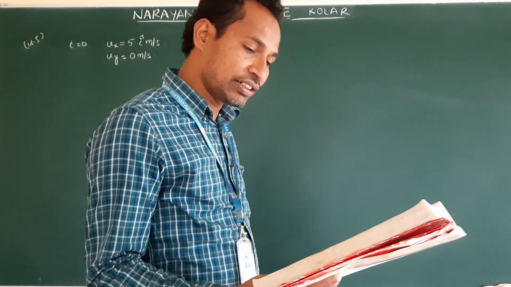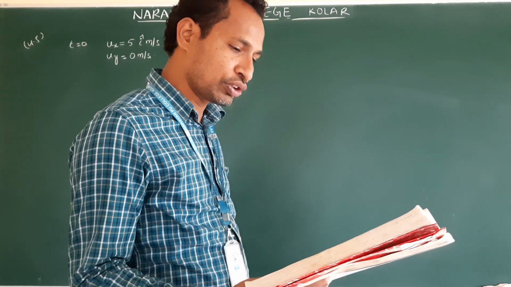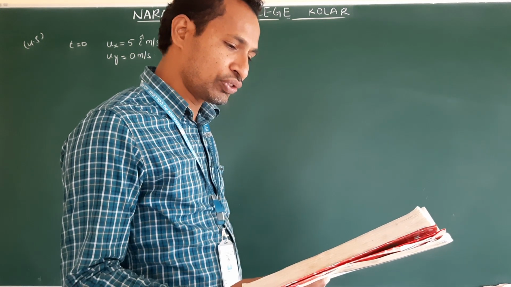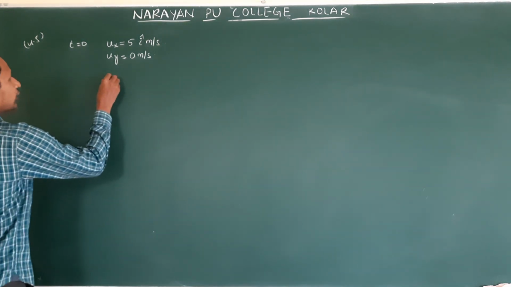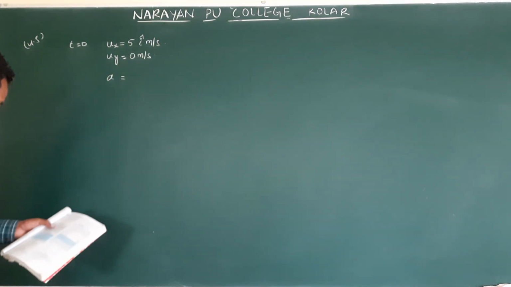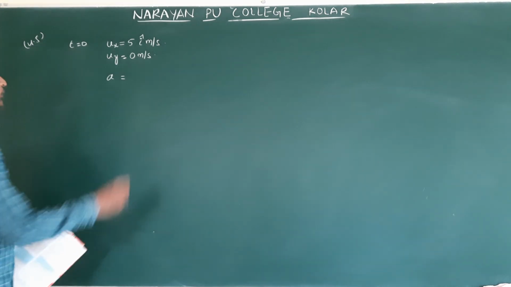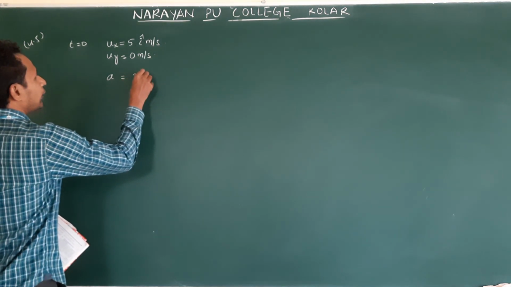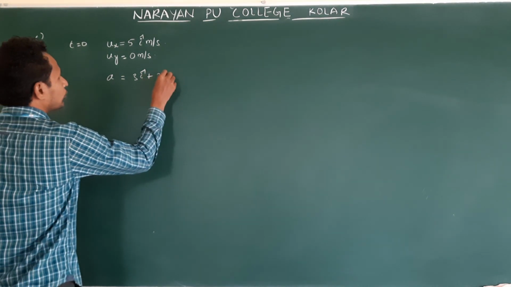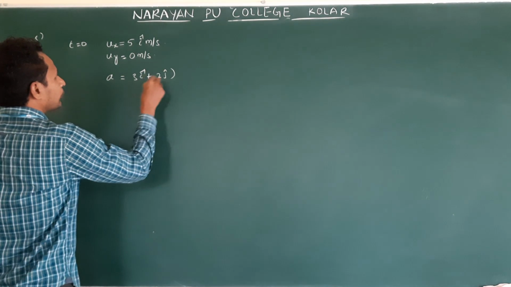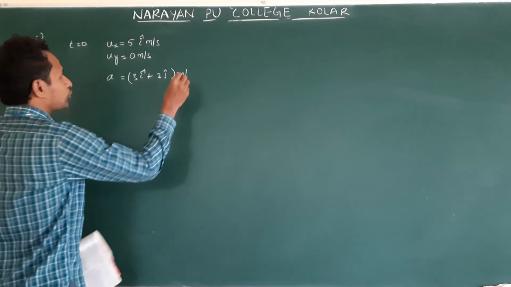Next information is what? It moves in an xy plane under the action of a force which produces a constant acceleration. The force is accelerating the body. The acceleration value is 3 i cap plus 2 j cap meter per second square.